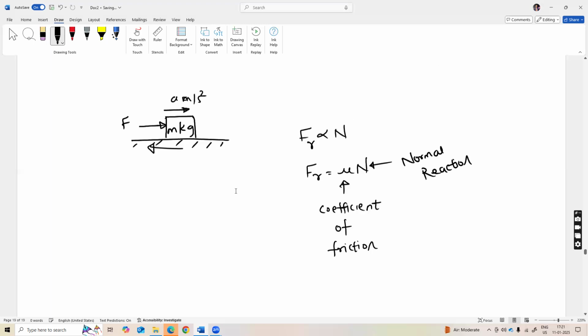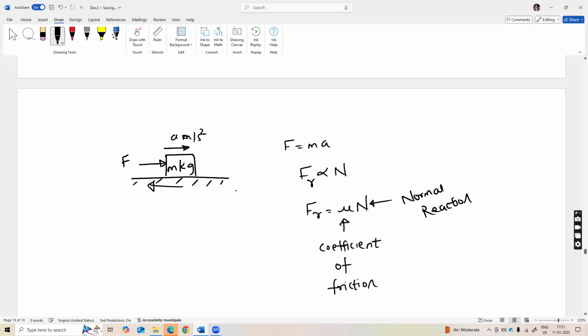So here mu N is basically the limiting friction, which we will write as Fl.